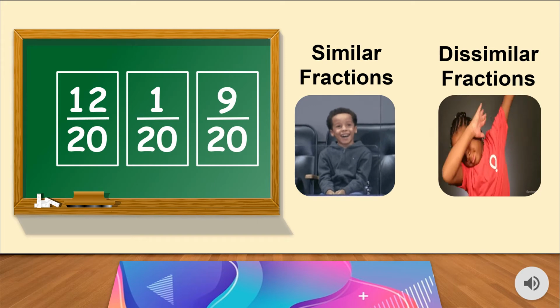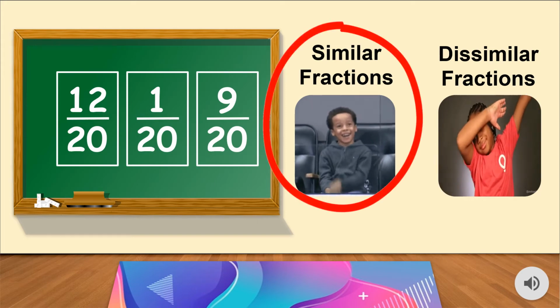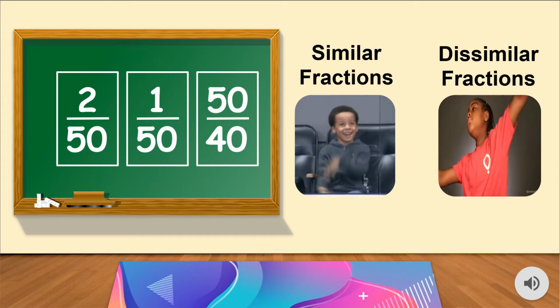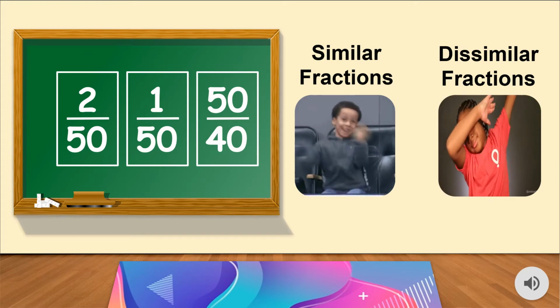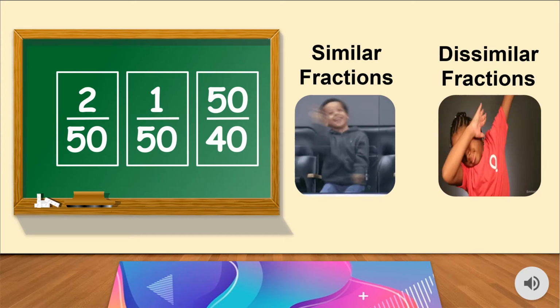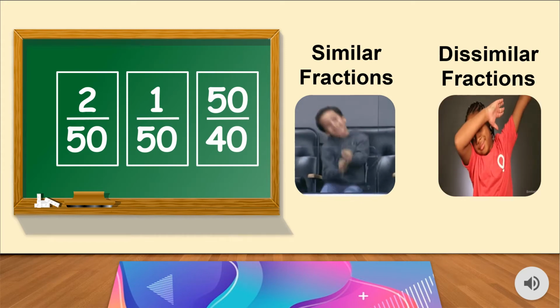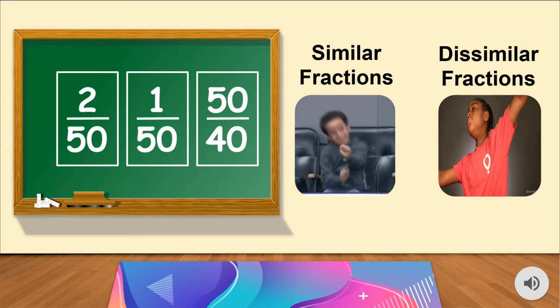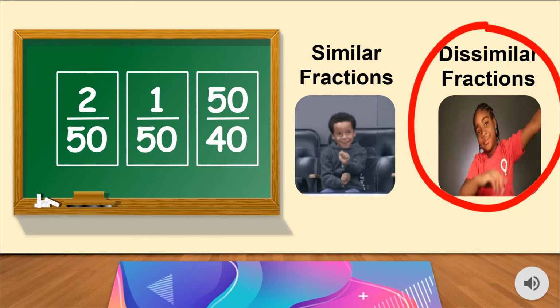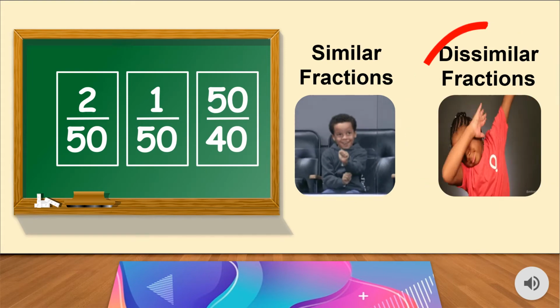Okay, if you did the whoa, you are correct. Next number, 2 over 50, 1 over 50, and 50 over 40. Are those similar fractions or dissimilar fractions? Okay, so the answer is dissimilar fractions. Great job!